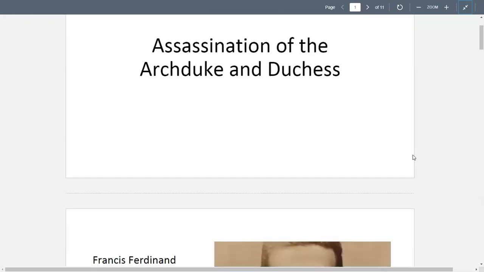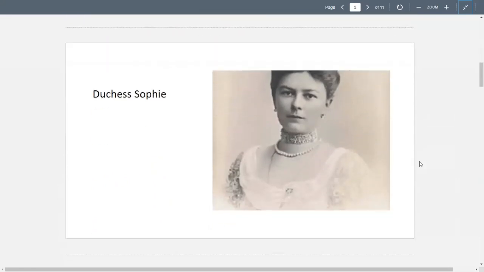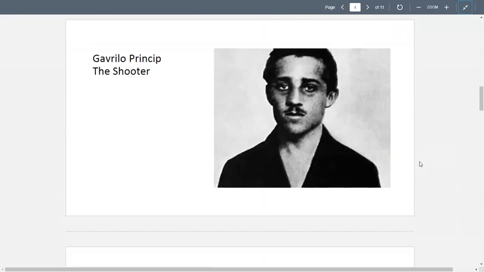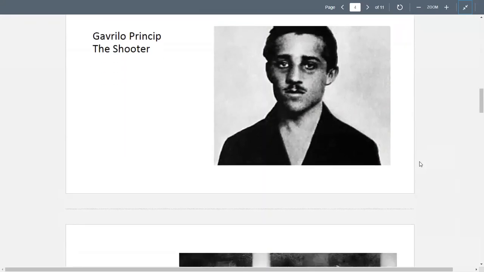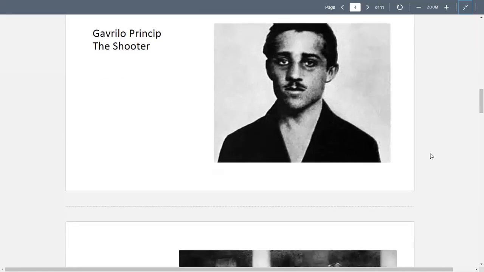So here's a couple of slides I put together for you, just in case you don't remember, but the Archduke, right, is the heir to the throne, basically in the Austrian-Hungarian Empire, and he and his wife Sophie go and visit one of their colonies to the south in Sarajevo, and he ends up shot. So Gavrilo Princip is the shooter who shoots both the Archduke and his wife.